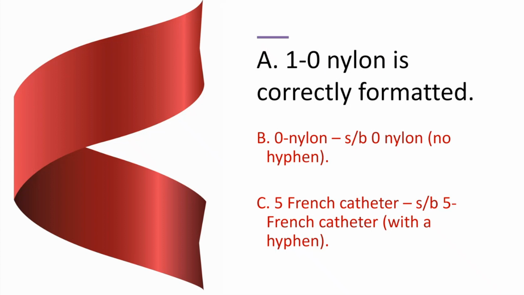So in the suture system, the very smallest suture you can get is 11-0. A doctor's going to say 11-0. We're going to type it 11-0. That'd be your smallest. And then the largest suture is a size 7. So what if we said a 7 nylon suture? We would not put a hyphen between 7 and nylon.